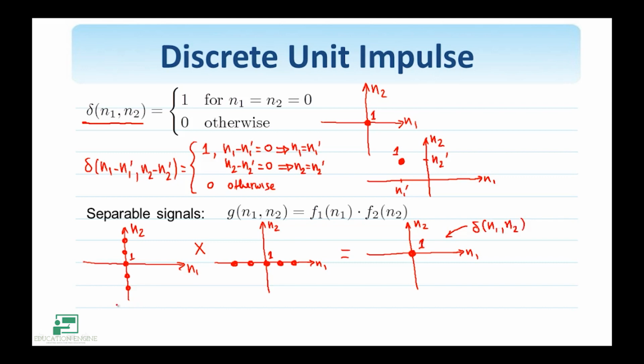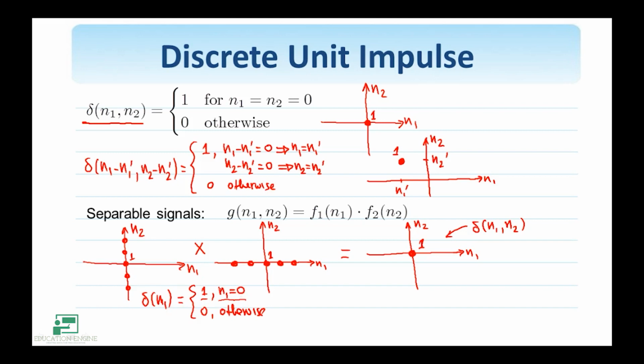Now what is the first signal equal to? This is a delta N1, because by definition it is equal to 1 when the argument is equal to 0 and 0 otherwise. But I'm on the two-dimensional plane, so delta N1 is 1 for N1 equals 0 and any value of N2, no restriction on N2.